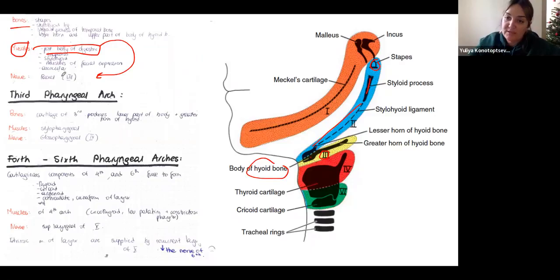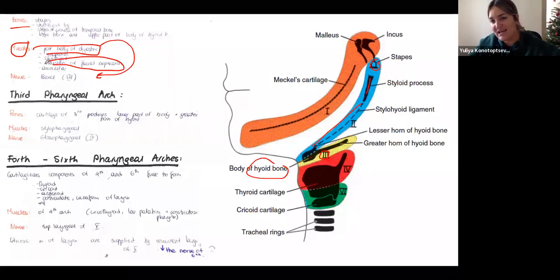That also explains that all of the muscles of the facial expression are also going to come from the second pharyngeal arch. And that should make it actually quite interesting for you, because some of the muscles are a bit more superficial, right? The facial muscles are a bit more superficial, while the masticatory muscles, some of them are a bit deeper.